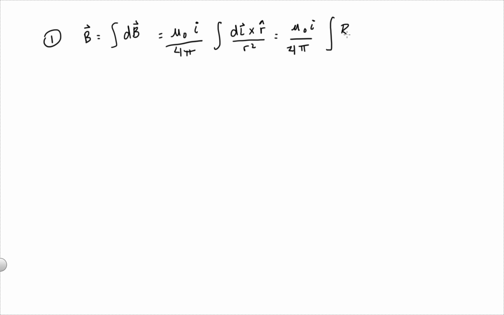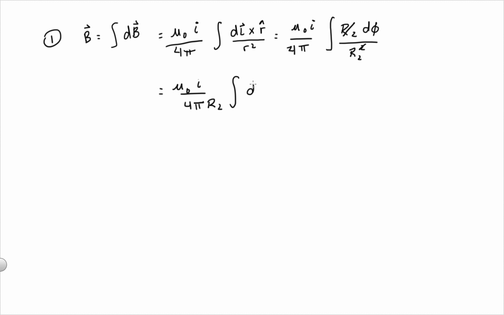And we said that this term is going to be r2 d phi over r2 squared for that first segment. So our r2s are going to cancel, and that's a term that we can bring outside. And so what's left is mu naught I over 4 pi. We'll factor out our r2 down here.